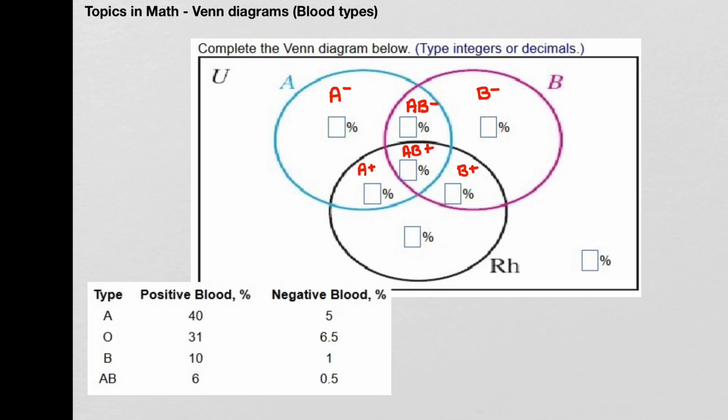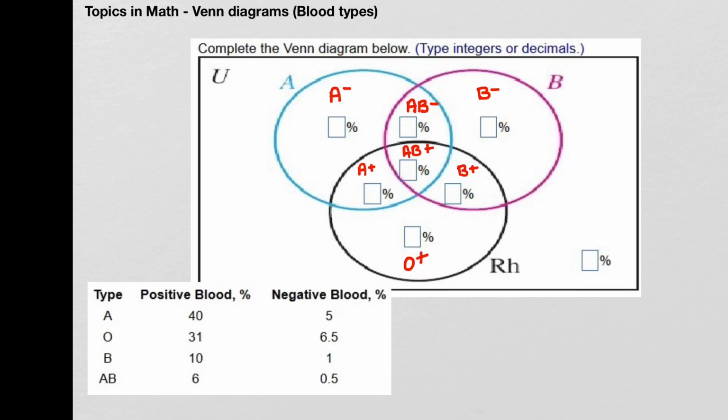And for the RH circle, we are not overlapping with A or B in this case. So when I need to figure out what goes in this last 4th section, notice that there's also blood type O. And that's really just to indicate that it doesn't have A or B. So O is not a thing, it's an absence of A or B. And we are inside the RH circle, so that's O positive.